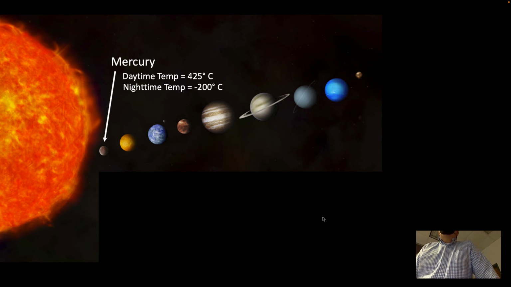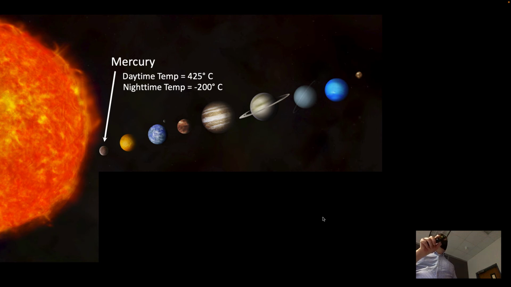Okay, so remember, minus 273 Celsius is 0 Kelvin, the point at which motion stops. Minus 200 Celsius is the point at which pretty much motion has slowed. Almost every gas has condensed into a solid. And so in the daytime, it's at a temperature where everything basically is gaseous.